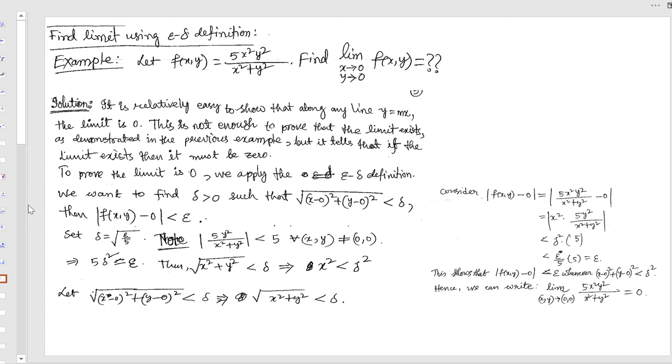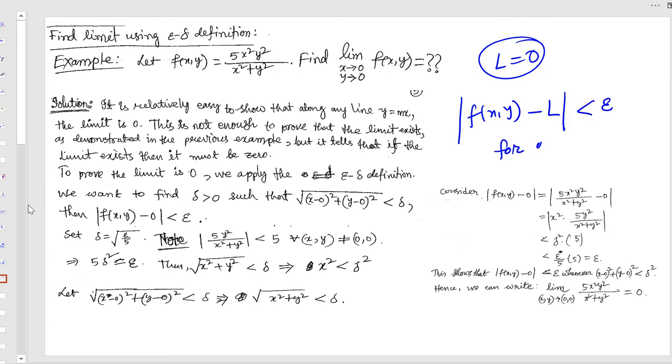That means if f of L equals 0 here, you have to show that the absolute value of f of x, y minus L is less than some epsilon, for a given epsilon, for some delta, whenever square root of x minus 0 whole square plus y minus 0 whole square is less than delta.